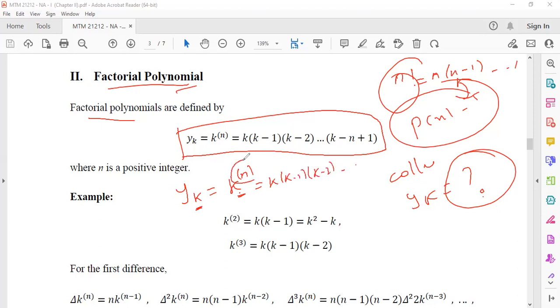If it is n, you have to get the polynomial up to k minus n plus 1. Is that correct? k minus n plus 1, because they go up to this point.